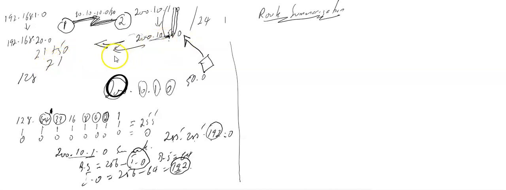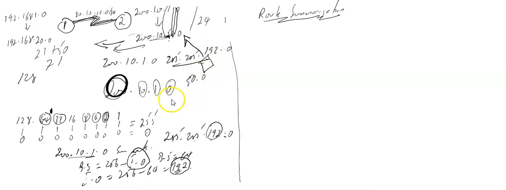Router 2 will be advertising 200.10.1.0 with a mask of 255.255.192.0. And of course, if you want to convert this subnet mask, which is in decimal notation, to slash notation, what does that mean?